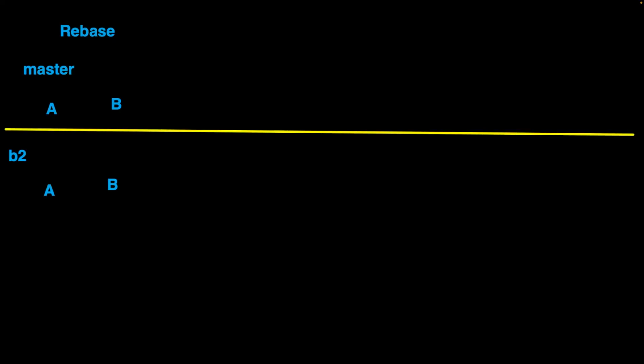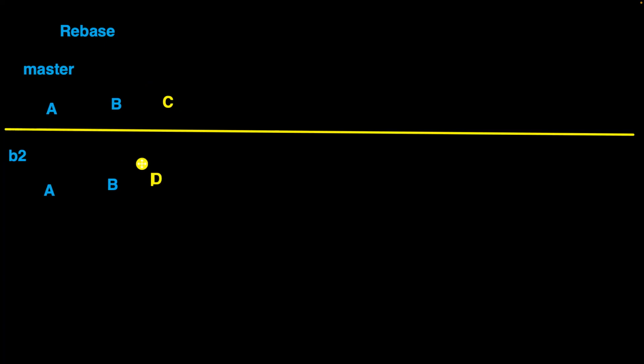Let's say you have a master branch, and you have some commits like commit A, commit B. Then you create a branch called B2. Obviously, when you make a branch, you will get commit A and commit B. From here onwards, they work as parallel entities. Parallel development is happening in both branches. There was a commit C made here and commit D made here.